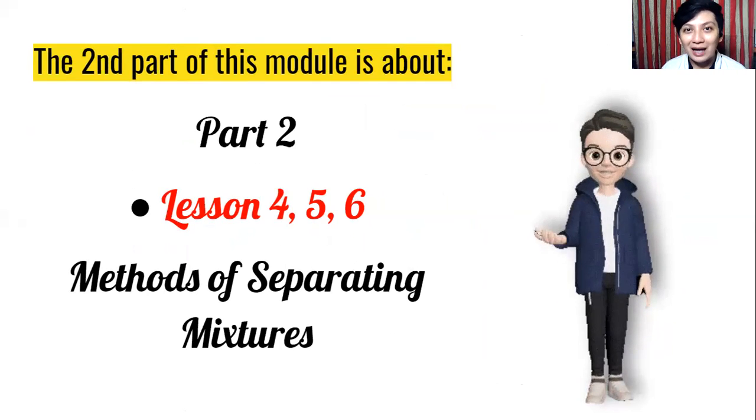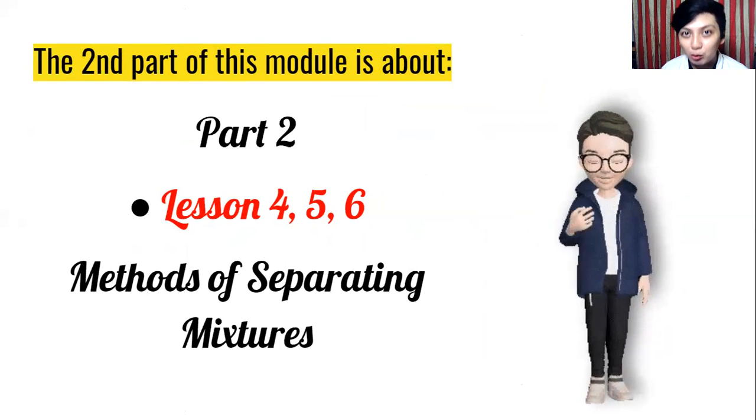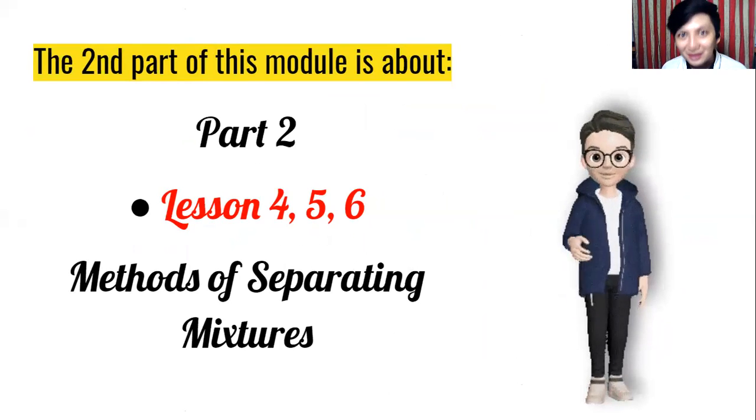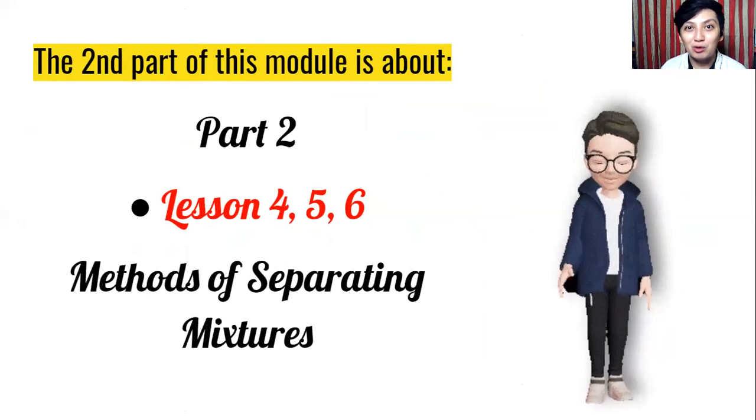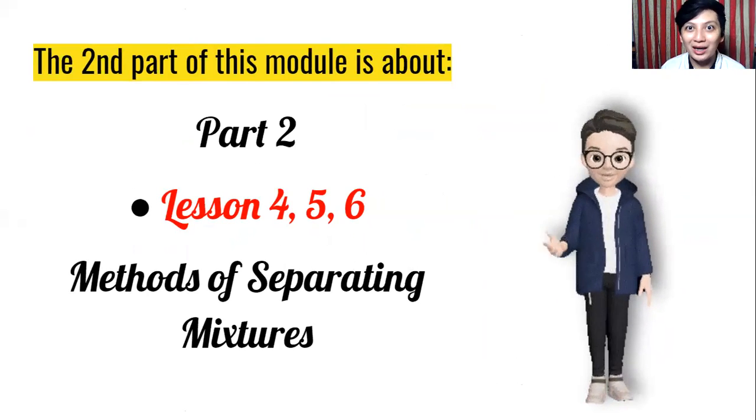So we are going to tackle what are the different ways or methods to separate them. Ano yung mga pamamaraan para mapaghiwalay natin yung mga mixtures na pinagsama natin to form a solution or any kind of mixture. So we will focus on that in lessons number 4, 5, and 6.